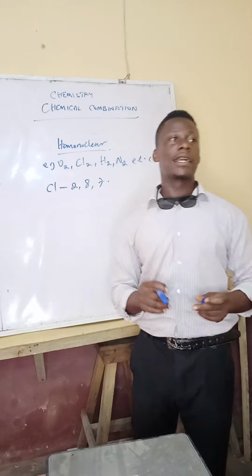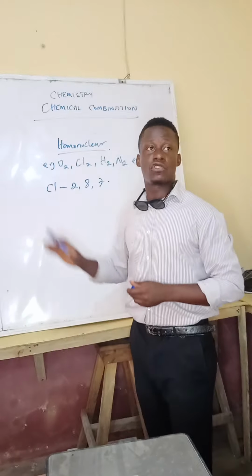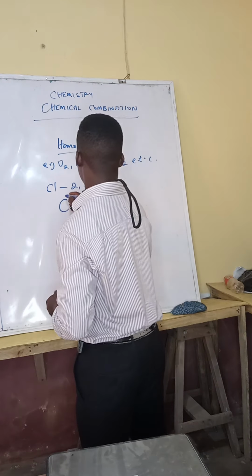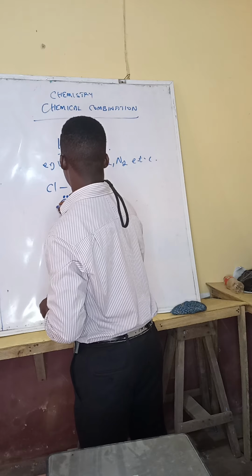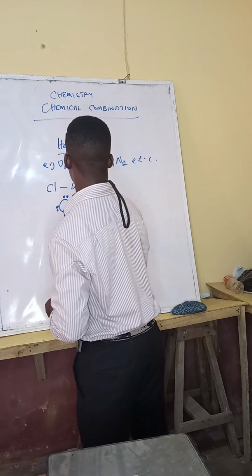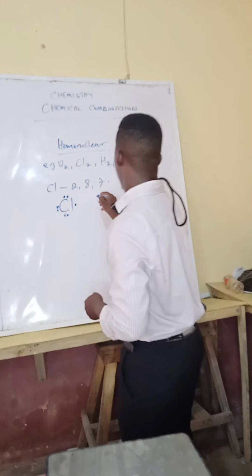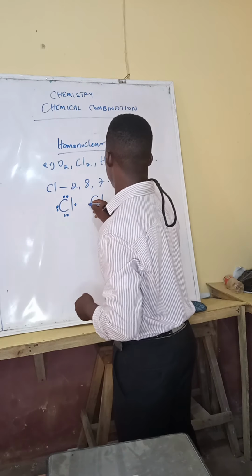The Lewis dot diagram deals with only the valence electron. We represent the valence electron using the Lewis dot diagram. So we have chlorine. This is 2, 2, 2, 1, making 7. Then we also have another chlorine combining together.